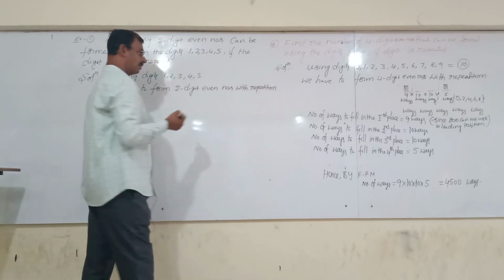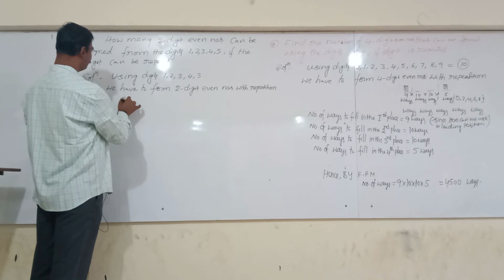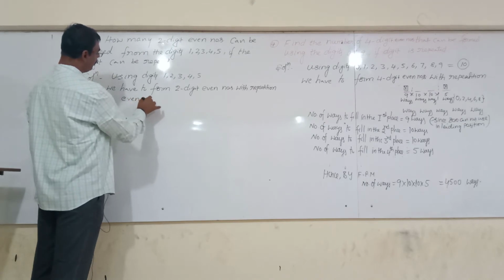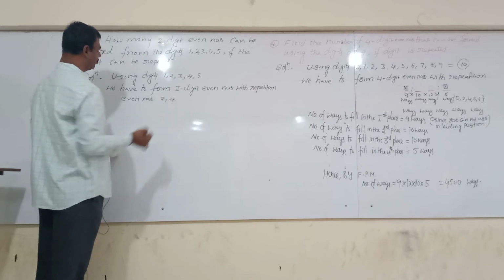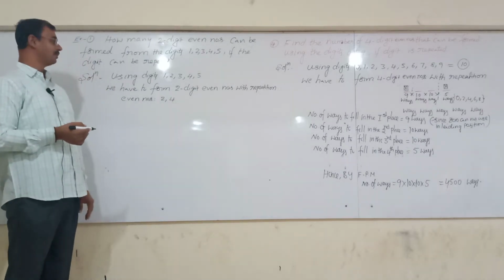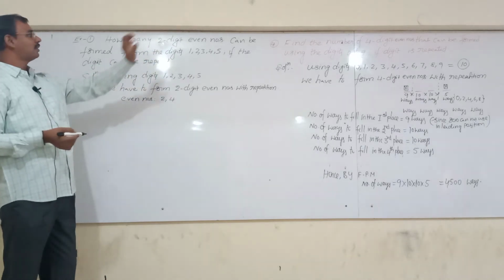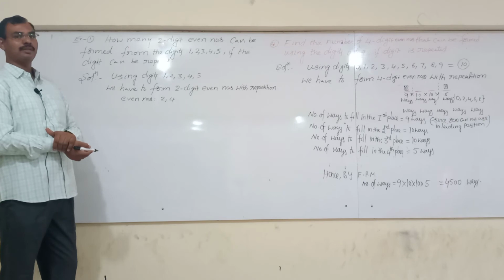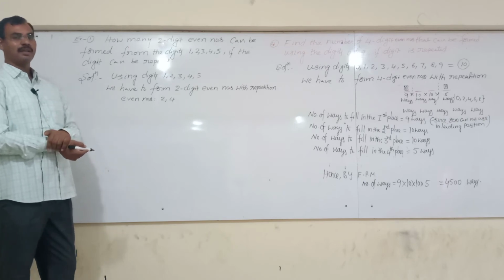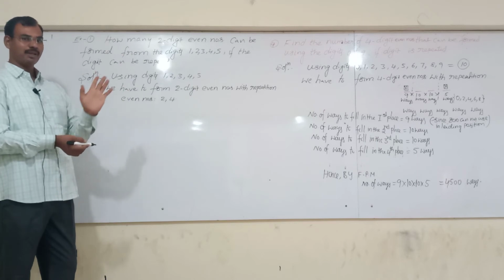So repetition is allowed. What are the even numbers here? Even numbers are 2 and 4. So for two-digit even numbers, what is the essential condition? The condition is on the unit place. The unit place should be an even number.